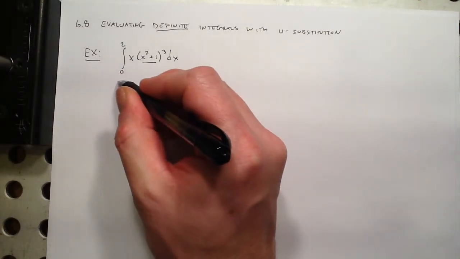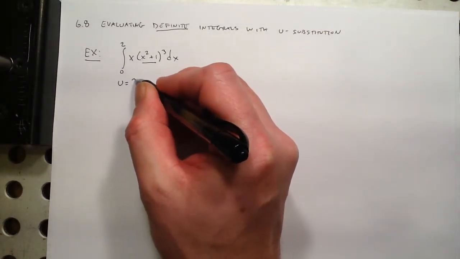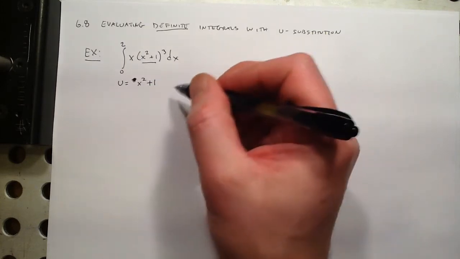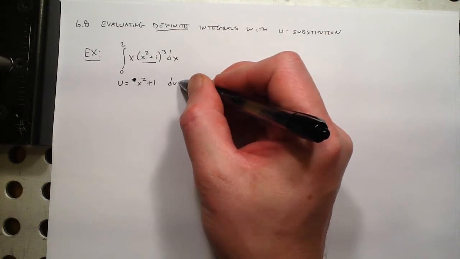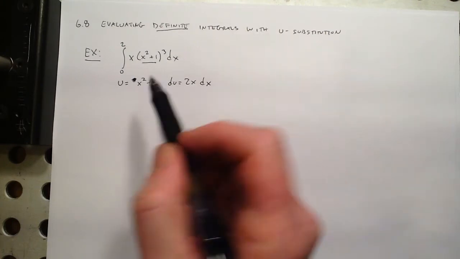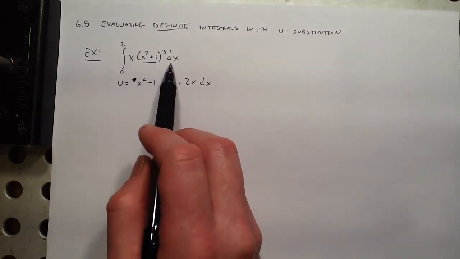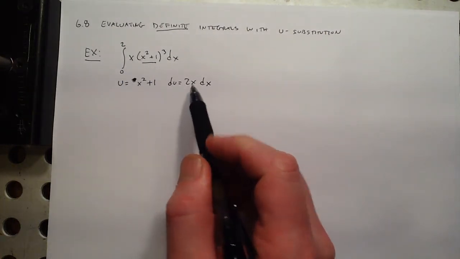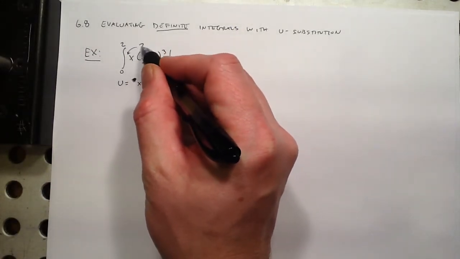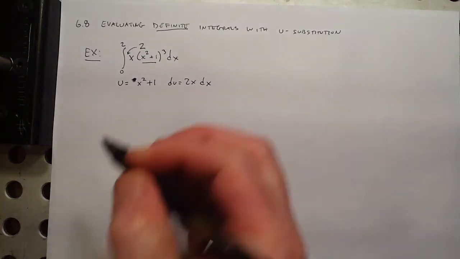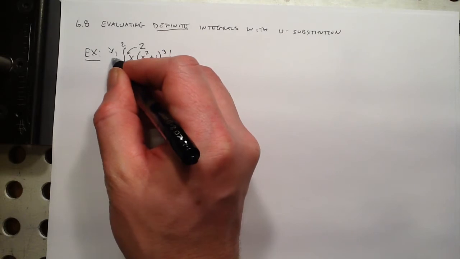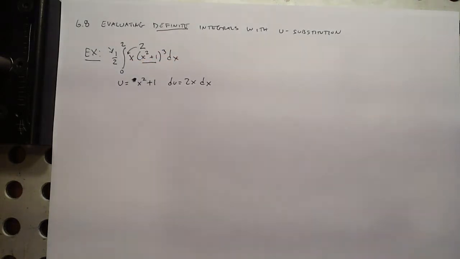So I'm going to go ahead and try to make u equal x squared plus 1, and then du would be equal to 2x dx. And there's the x that I need with the dx. And I don't have the 2, so I'm going to go ahead and put a 2 in here that I need, which means that I have to balance that with a 1/2 on the outside.